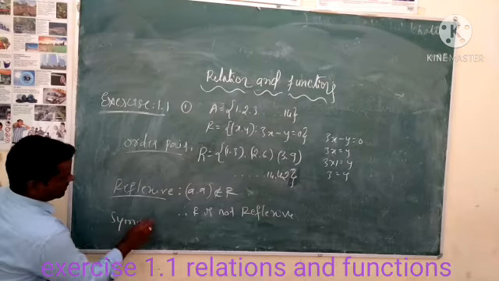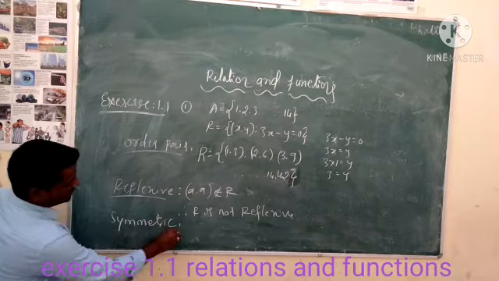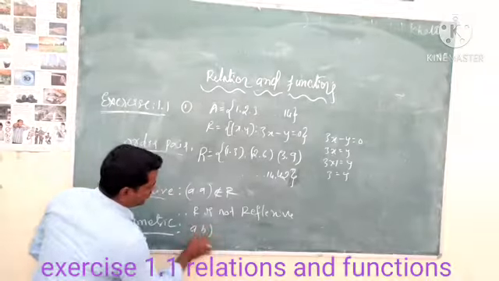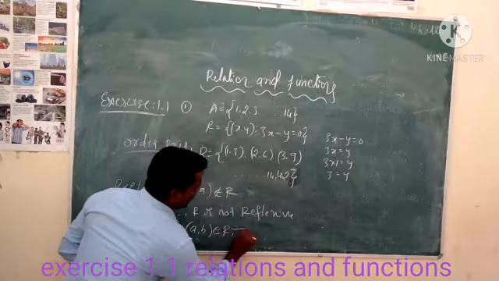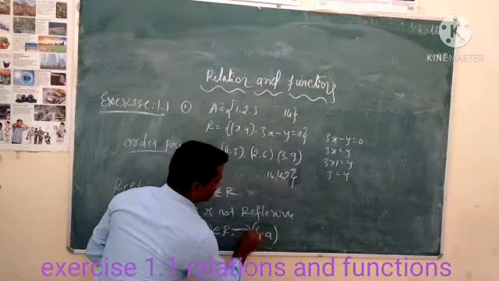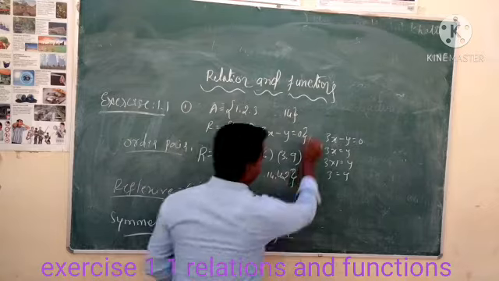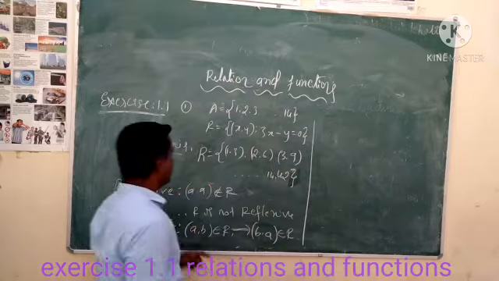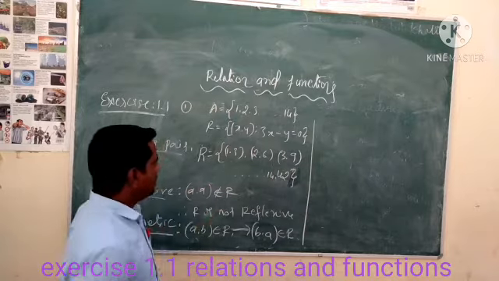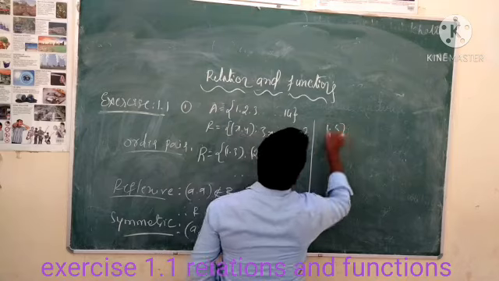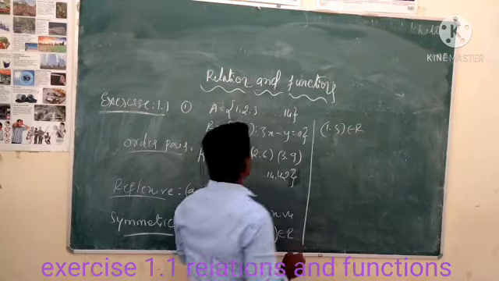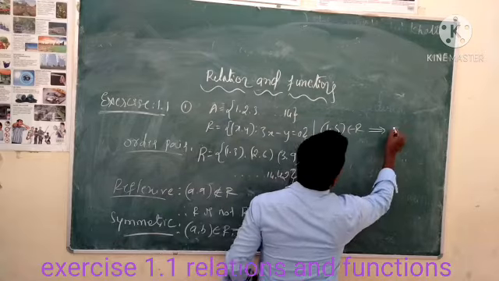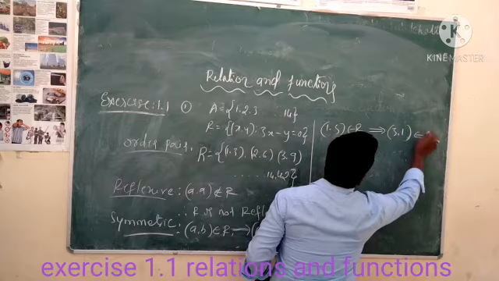Then the second one, symmetric. We know that the condition of symmetric is (a, b) belongs to R implies (b, a) belongs to R. Here (1, 3) belongs to R. But does (3, 1) also belong to R?